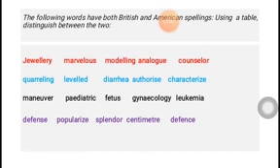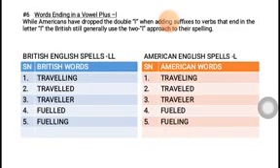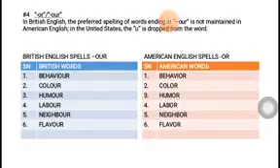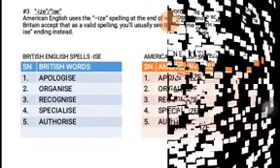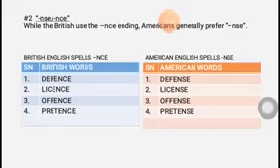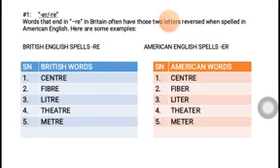So today we have considered something that we mostly do not take seriously. We have looked at the differences between American and British spellings. We have looked at 6 areas of differences between these 2 versions of the English language.